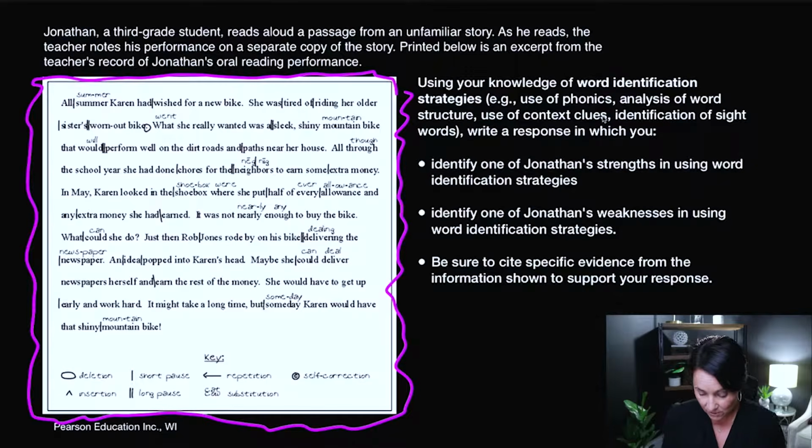As the student reads, you, the teacher, make little notes above the area where the student is reading. Notice here we have the key, and you have all these different things that you would use to mark miscues. We call them miscues because it means like a mess up. You can see here that the student is reading and above are all the notes that the teacher made. And then we have this narrative here.